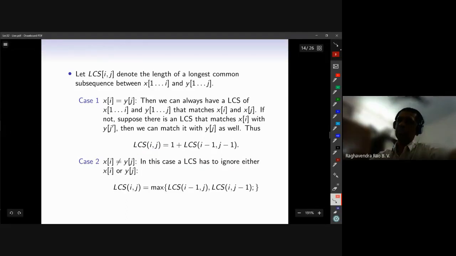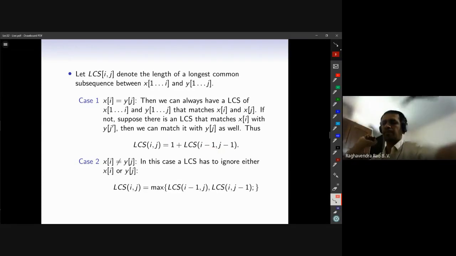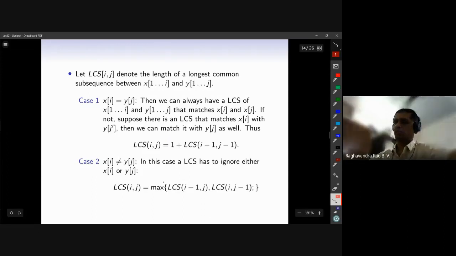So the recursion for this part is the following. LCS ij in this case is 1 plus, so 1 for matching the last, and we'll be removing the last characters from each of the strings. So that is LCS i minus 1, j minus 1. This is the recursive formulation for case 1. Case 2 is the last letters don't match.